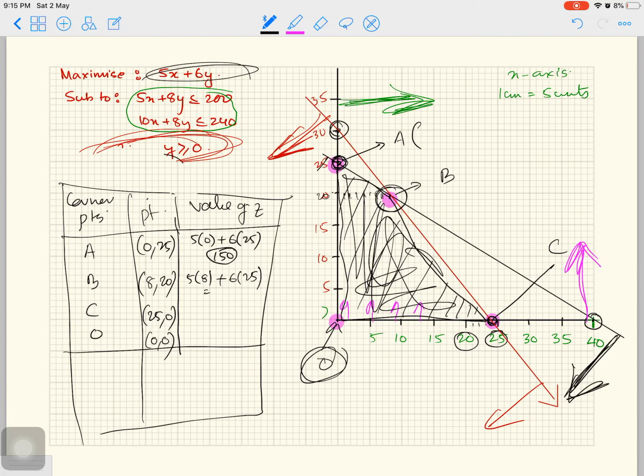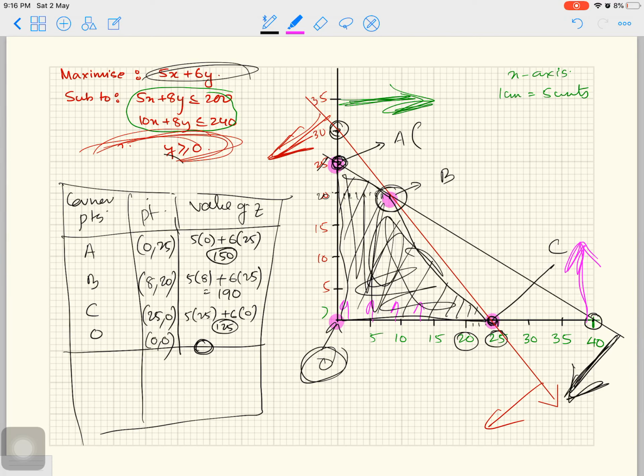That gives me 190 here, 190. Okay, and 25, 0: 5 into 25 plus 6 into 0. So that would clearly give me 125. And finally the 0, 0, so everything here would be 0.